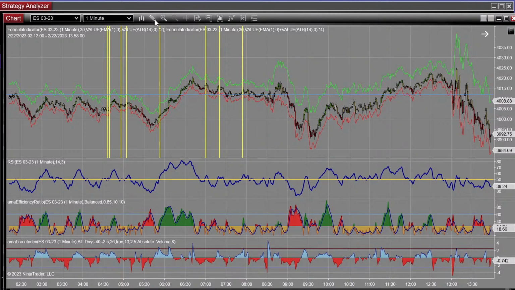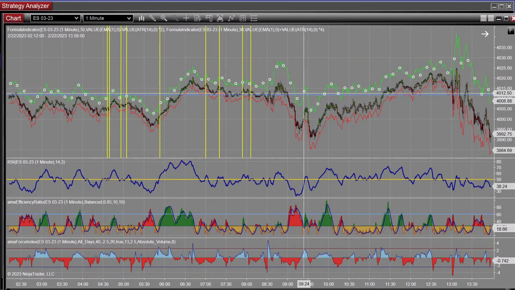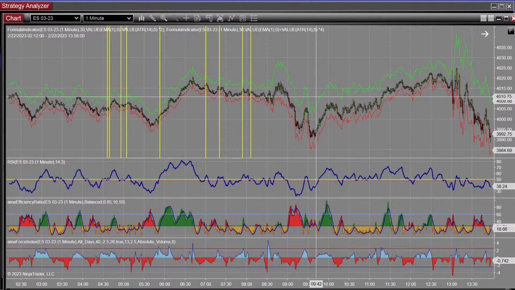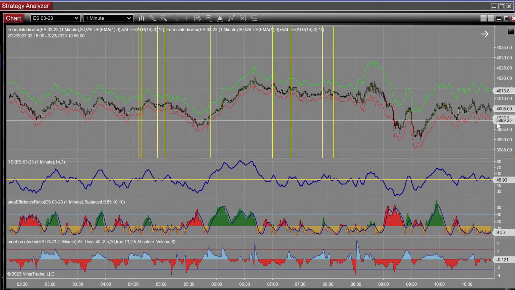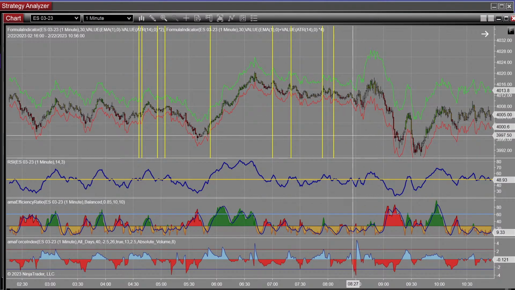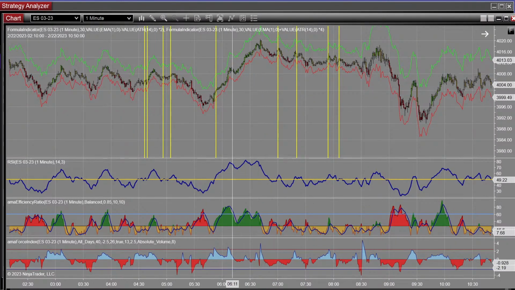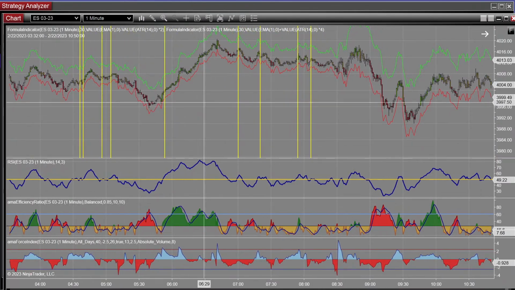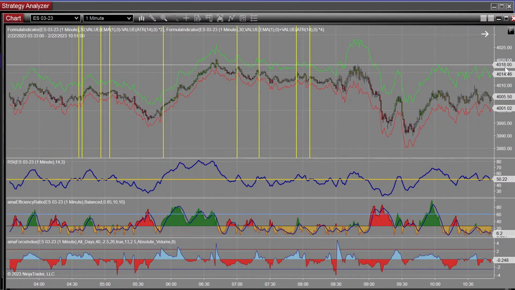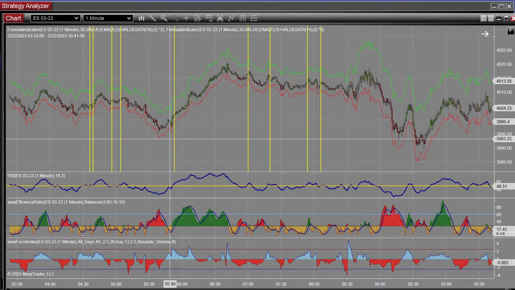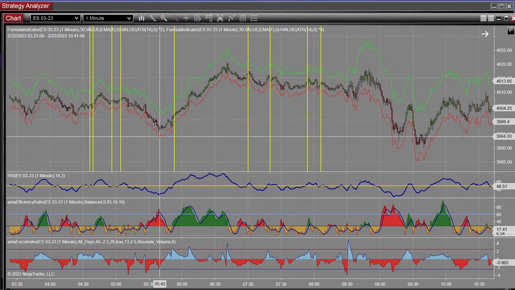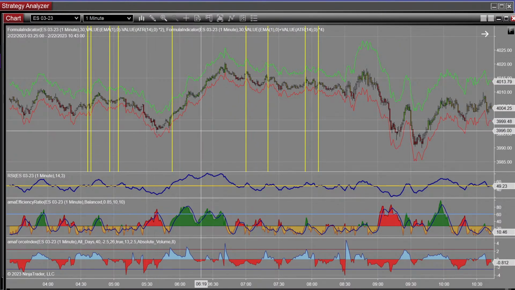Okay, I'm just going to zoom in here. I think it's pretty obvious where our good signal is at. So our trigger is RSI crosses above 50.